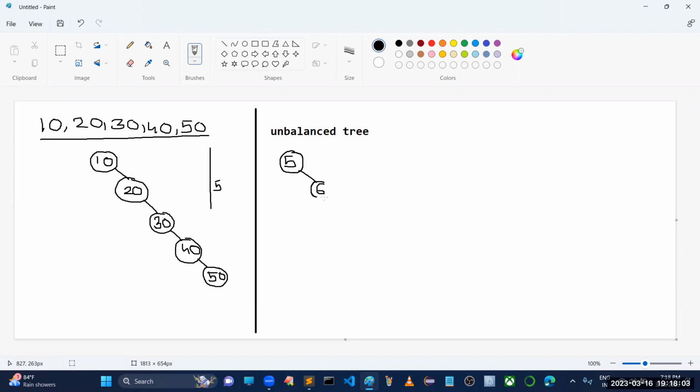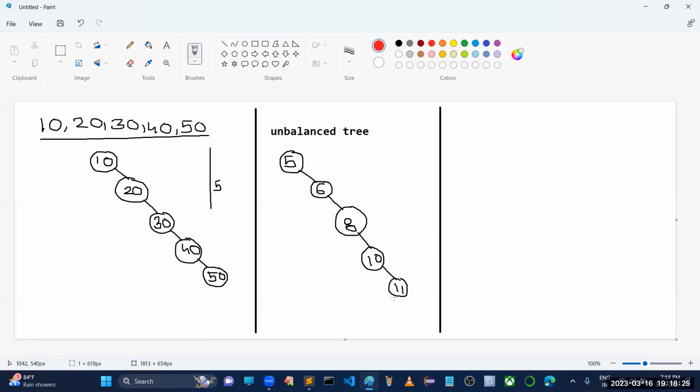The right subtree is 6. For this, the right subtree is 8. For this, the right subtree is 10. For this, the right subtree is 11. Like this we have. I can say this tree is an unbalanced tree. How can you say it is unbalanced?